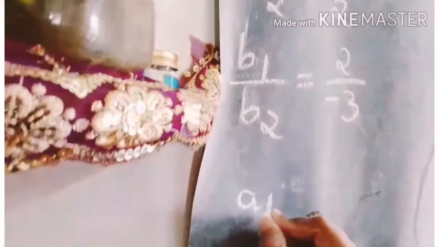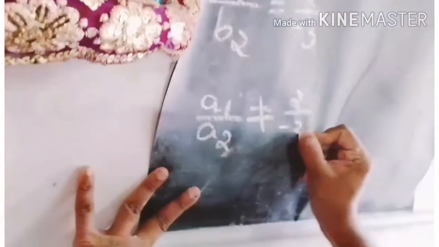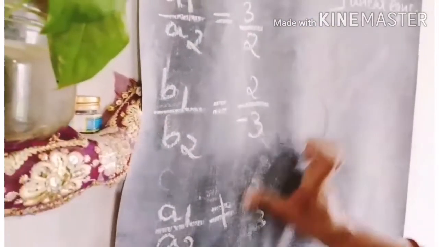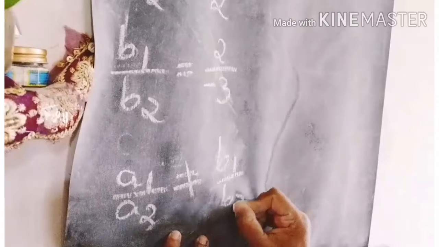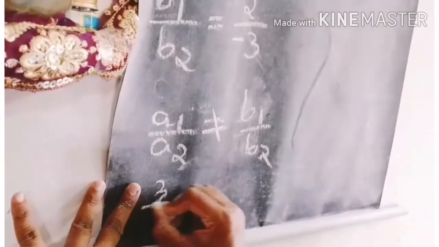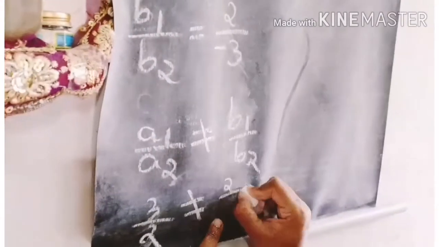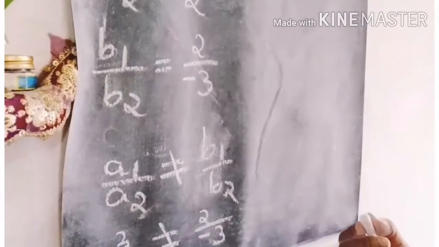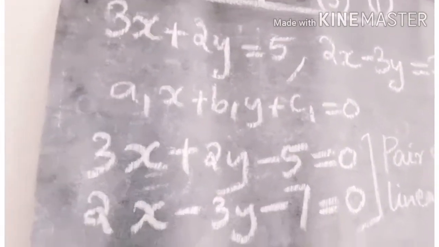So A1 by A2 is 3 by 2, and B1 by B2 is 2 by minus 3. Not equal. That is, we are concluding that 3 by 2 is not equal to 2 by minus 3. So our pair of equations is consistent, since A1 by A2 is not equal to B1 by B2.